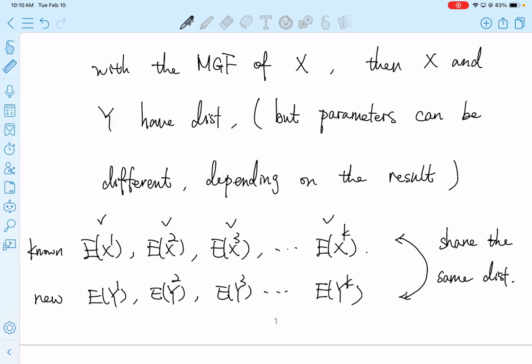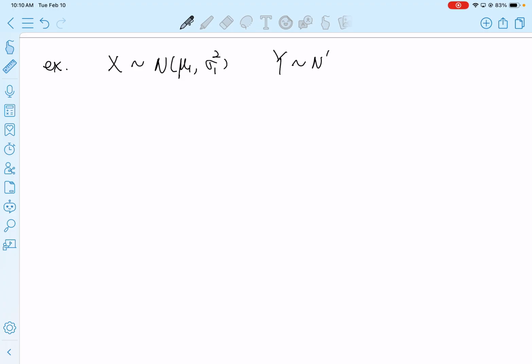Okay, next I'm going to talk about the normal case. I think we also showed this, so I'll just repeat the example from last time. Let's work with the normal distribution. We have x following a normal distribution with mean mu1 and variance sigma 1 squared, and another variable y that follows a normal with mean mu2 and variance sigma 2 squared.